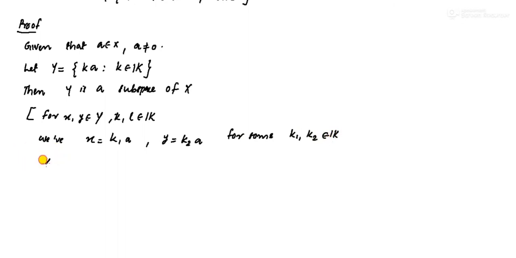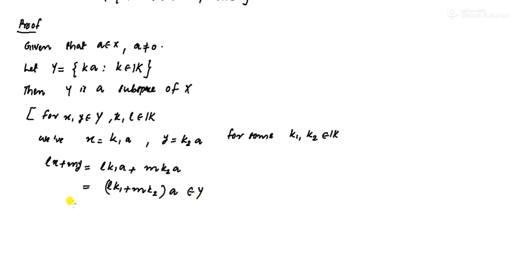Then lx plus my equal to l into k1 a plus m into k2 a, that is equal to (lk1 plus mk2) a, which is an element of Y. Therefore, Y is a subspace of X, right?